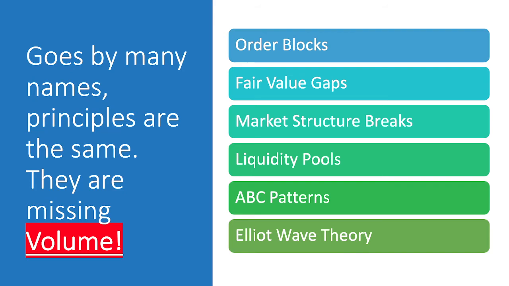And these principles I just discussed go by many names, right? You'll hear people talk about order blocks, fair value gaps, market structure breaks, liquidity pools, ABC patterns, Elliott wave theory. One thing I've noticed about all these is they're just summarizing the same stuff that I just talked about. Of course, these all go very deep, and they'll use Fibonacci's to measure it.